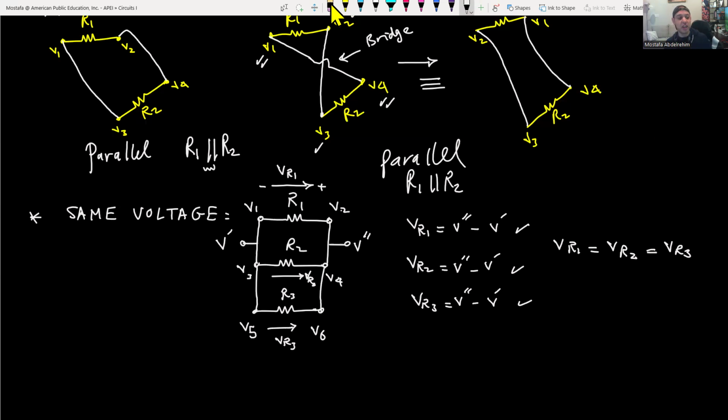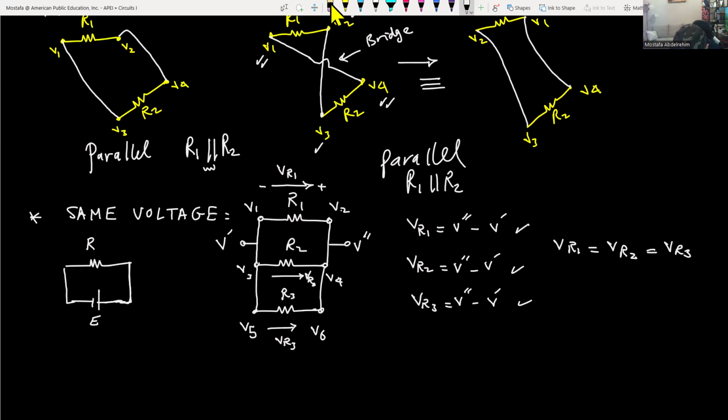And one common situation that you're going to find in many circuits is something like this. If you have a resistor like that and a battery, these guys are connected in parallel, as you see, because this is one point.